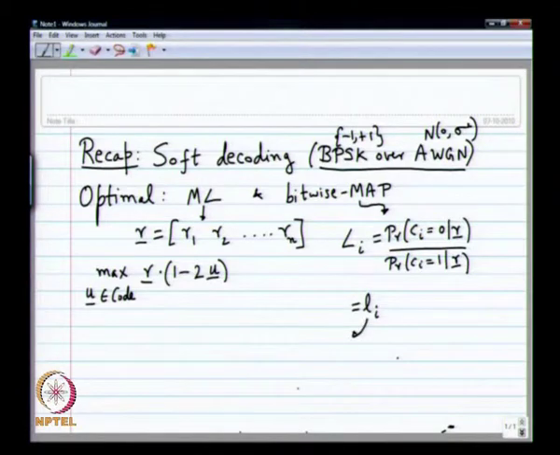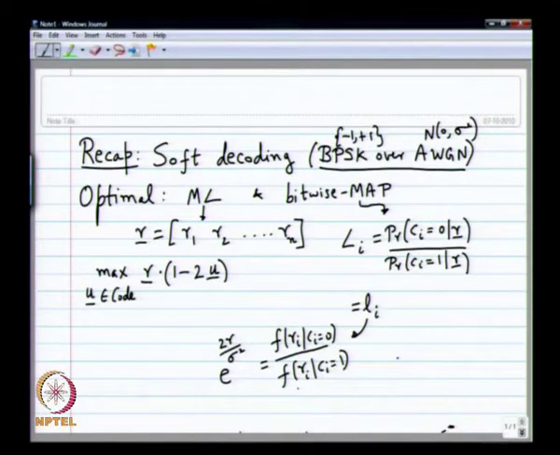What is Li? This is basically f of Ri given Ci equal to 0 divided by f of Ri given Ci equal to 1, which will simply be e power 2Ri by sigma squared.